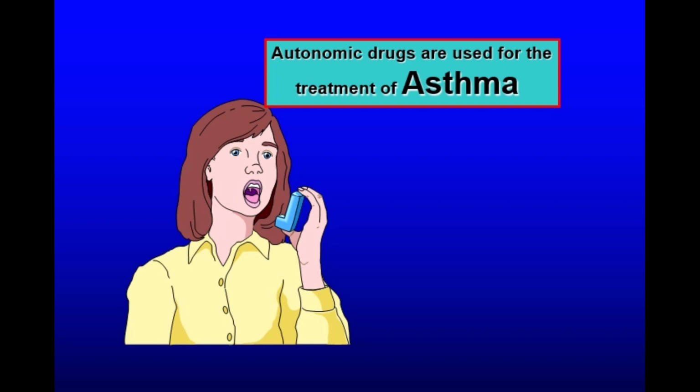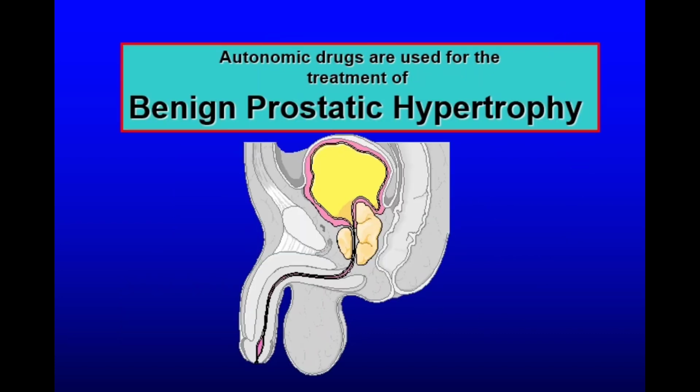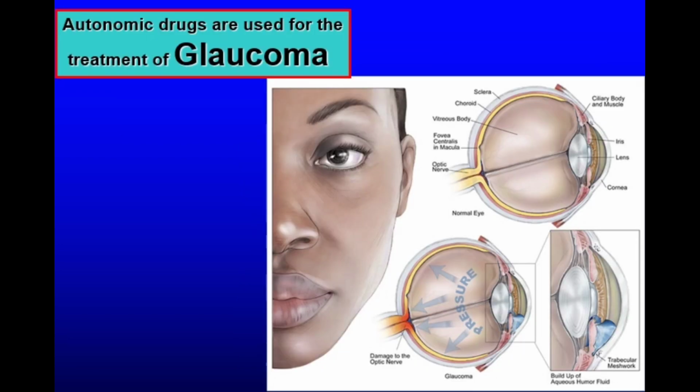The pharmacology of some of the drugs used in the treatment of bronchitis and asthma is described here. Autonomic drugs used in the treatment of benign prostate hypertrophy are covered. The pharmacology of autonomic drugs which lower intraocular pressure will also be explained.